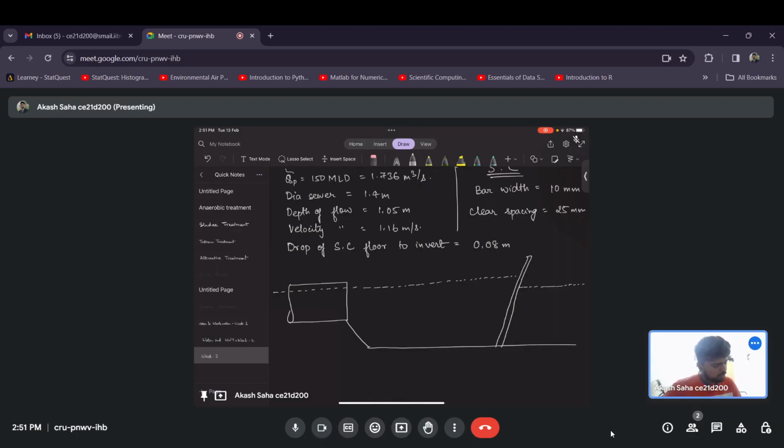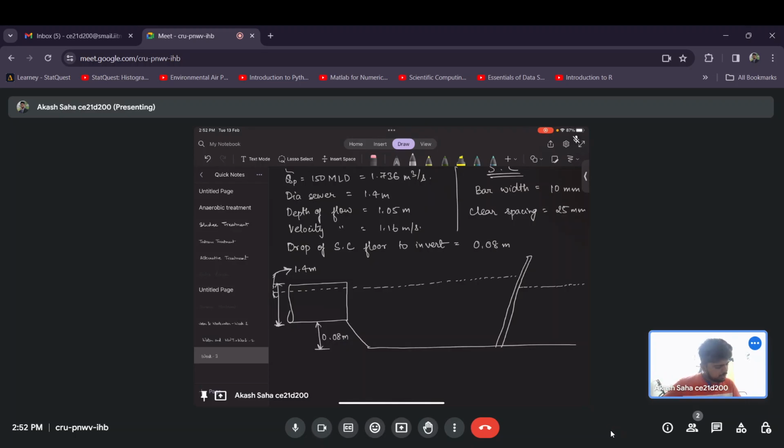Okay, now this diameter of pipe is given as 1.4 meter, and this invert level is given as 0.08 meter. Though it looks big, I've drawn it just to show you it is very small as compared to the diameter of the pipe.